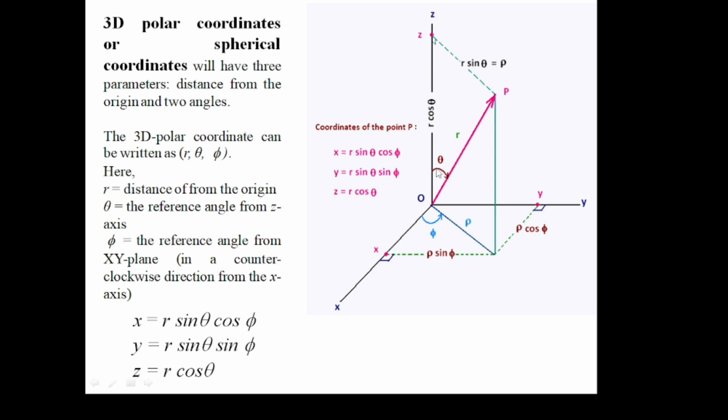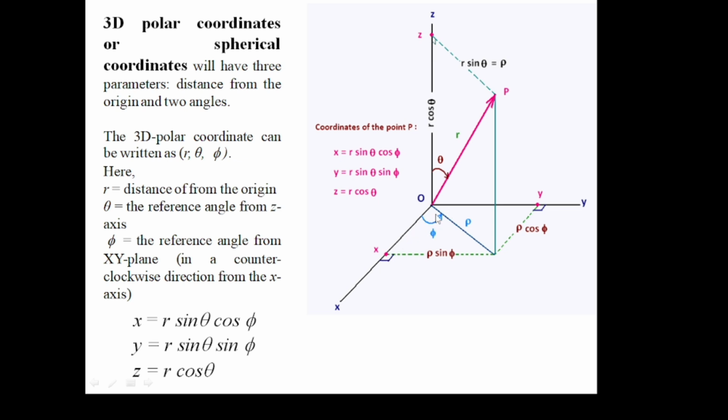Here this is the theta, so z is equal to r cos theta, and if we draw the perpendicular projection on the z axis, this ZP is equal to r sin theta, that is called rho. If we take the projection of this along the xy plane, this is also rho, that means r sin theta. This rho makes a phi angle with the x axis in the anti-clockwise direction.